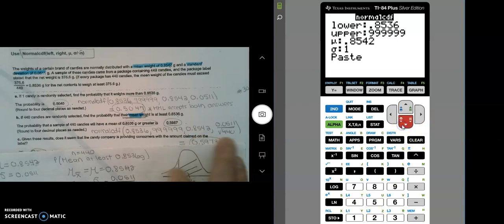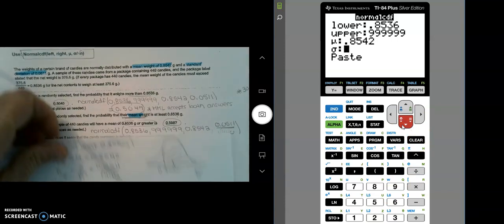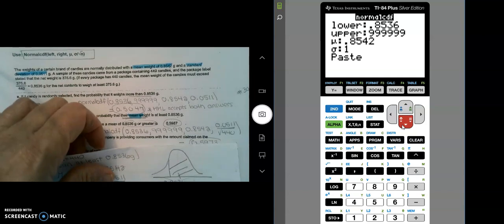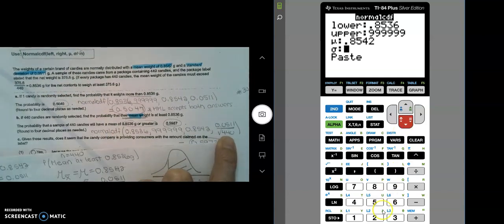The standard deviation, I'm just going to go ahead and plug this in. So again, I'm just going to plug in 0.0511 divided by the square root of 440. I'll just plug it right in there. That way I don't have to worry about rounding, because you really don't want to round until the very end. Okay, so I'm going to go ahead and enter.